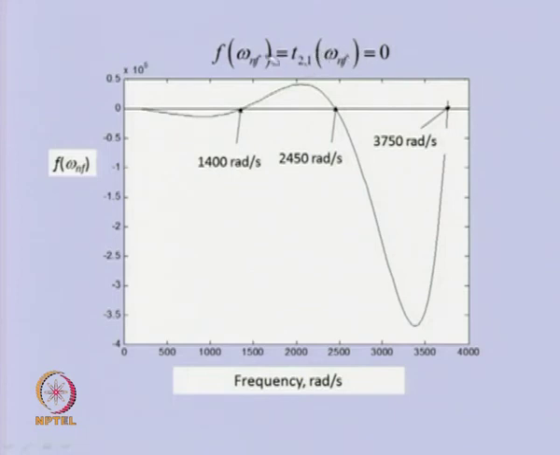If we express this as a function of omega and plot this particular function with respect to omega for various steps, you can see that the function will vary, and wherever it intersects the 0 line, those will be the roots of the equation. So, at 0 we expect 1 cut. These are the natural frequencies of the system. So, just by plotting this particular function we will get the natural frequencies of the system.